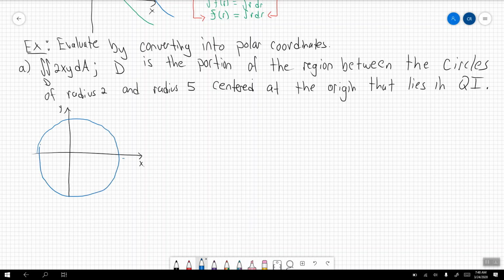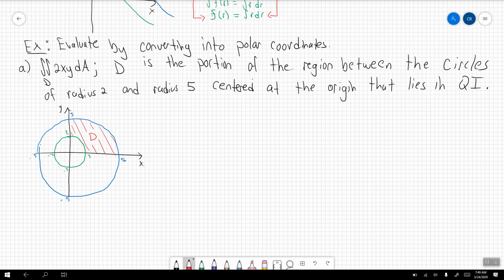Here's my first circle. I'm going to give this radius 5. And I'm going to give another radius, and this one's going to be radius 2. So there we are. We have our two circles. Now I'm going to shade the area that I want to integrate over. So this is the area that we want to integrate over here, and that's my domain.